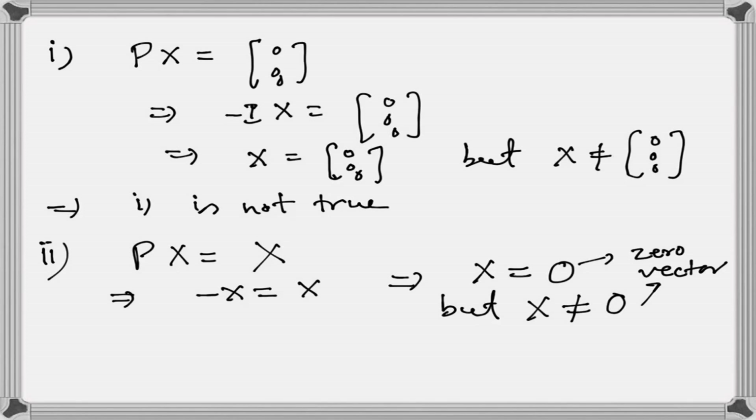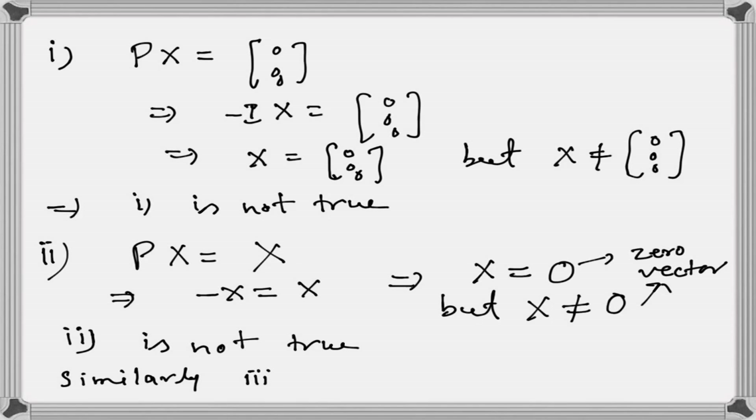The big zeros denote the zero vector. So option 2 is also not true. Similarly, 3 is also not true, because 3 is satisfied only if x is 0.